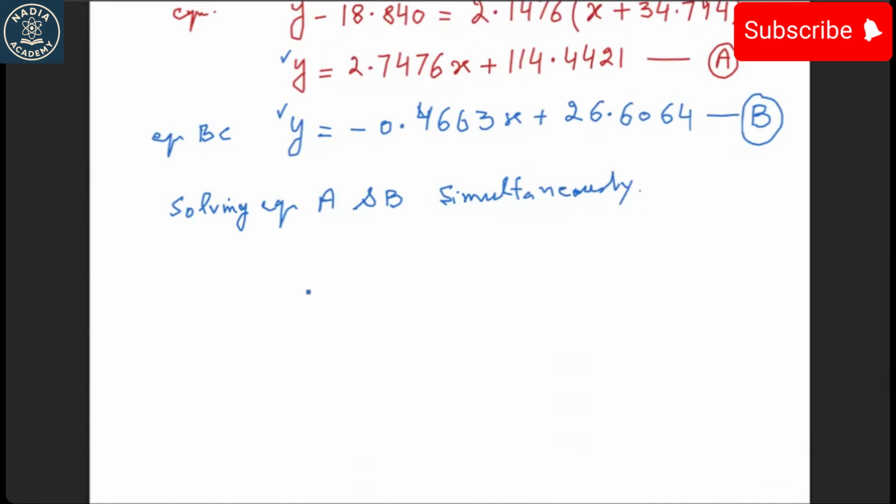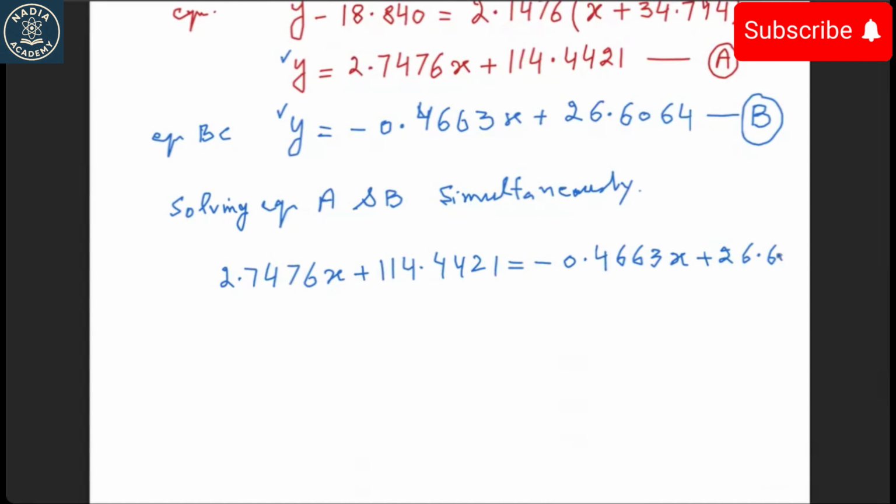So how we can do this is the following: 2.7476x plus 114.4421 is equal to negative 0.4663x plus 26.6064.